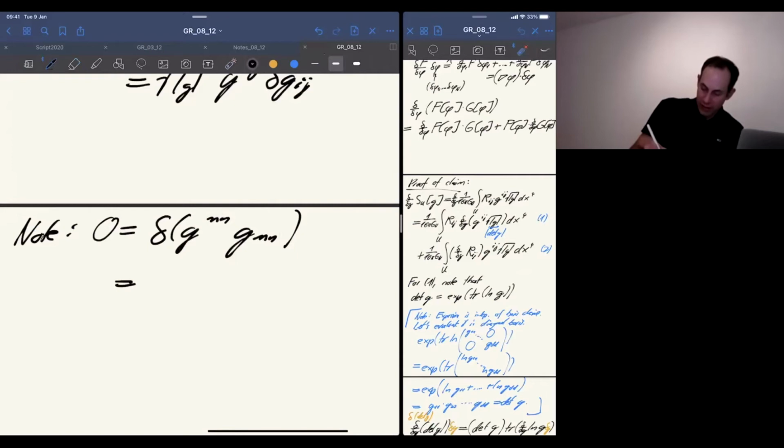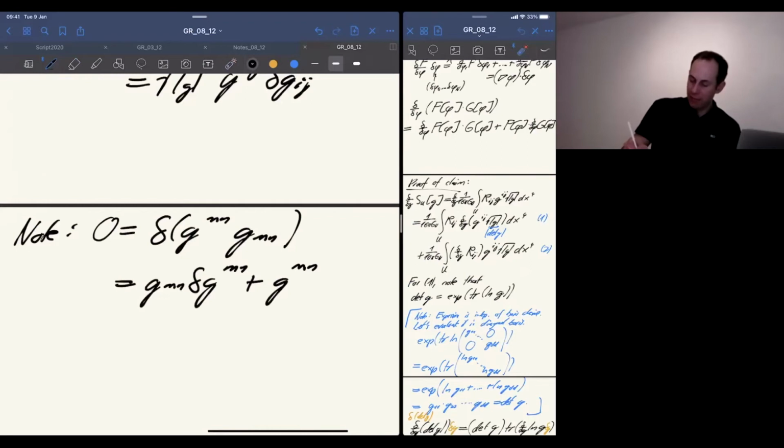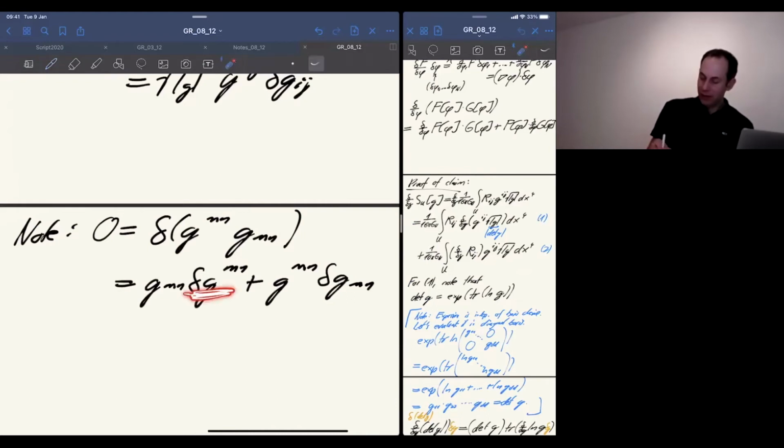I have g^{mn} delta g_{mn}, and then plus delta g^{mn} with indices upstairs times g_{mn} with indices downstairs. And this just therefore tells me that I can always swap the delta between the g and the inverse. I just get an inverse sign. So this is essentially equal to minus that. And I will use that several times in what follows. So remember that.